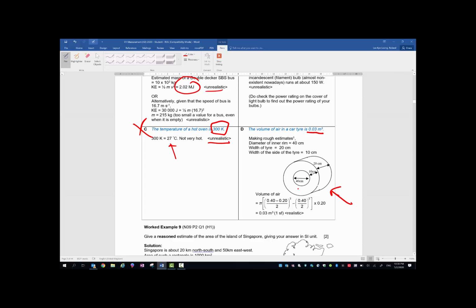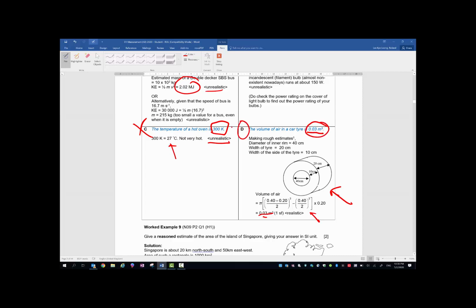With that, you can do the calculation. The volume of air is pi r squared times the width. If we take the outer volume minus the inner volume, which is what this equation is trying to do, I get something like 0.03 meter cube. So it is a reasonable estimate.